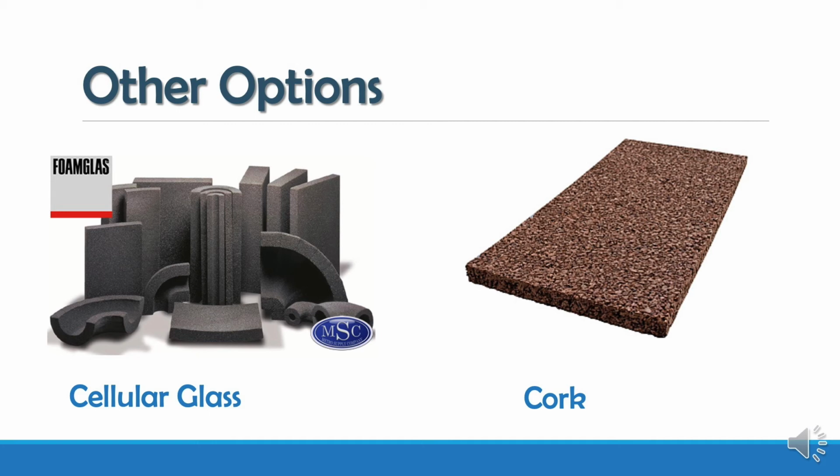Also, I'll say we see cork used not just for insulation, but in areas such as walls and, as I mentioned, underfloors, where acoustics are important, because cork is very good at deadening sound as well as being an insulator.